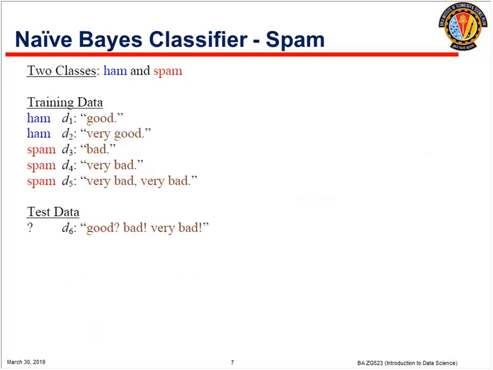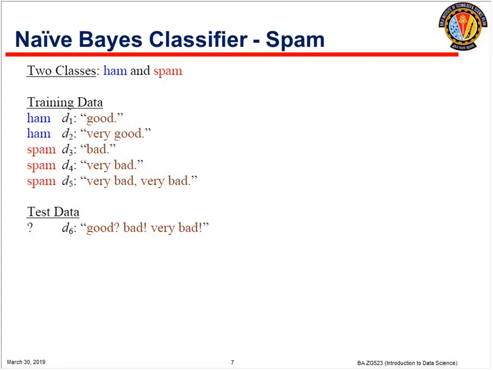So let's look at the example of a naive Bayes classifier that can classify spam versus ham text or messages. Let's look at a theoretical example first, and then we will look at a bigger example with a Python program.